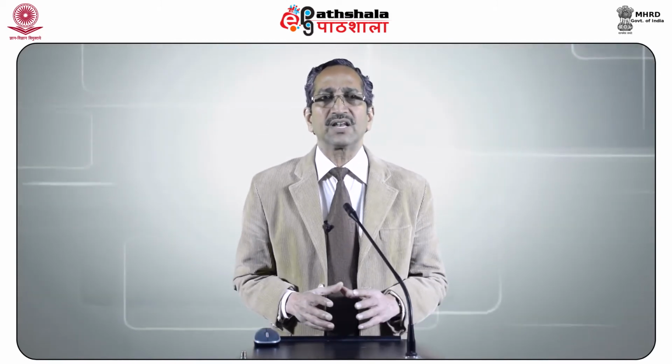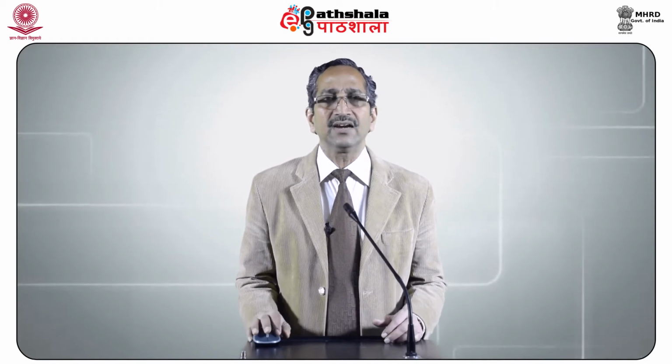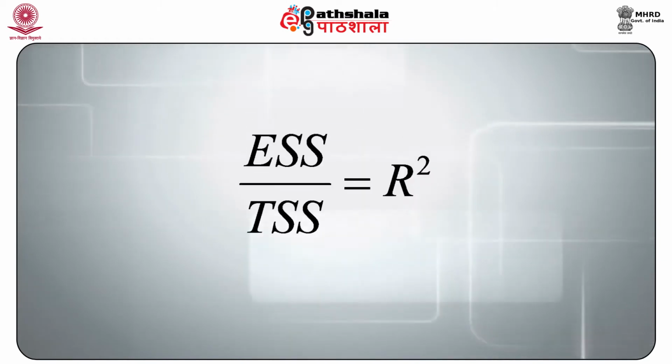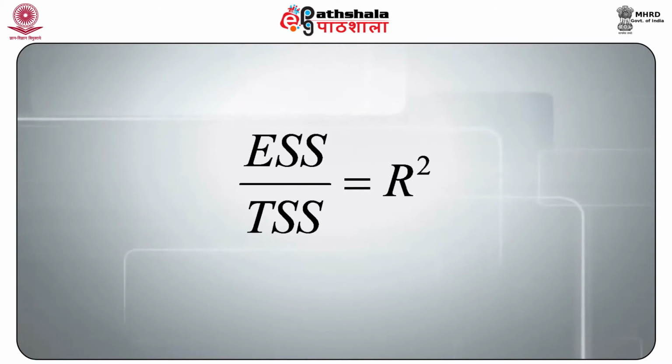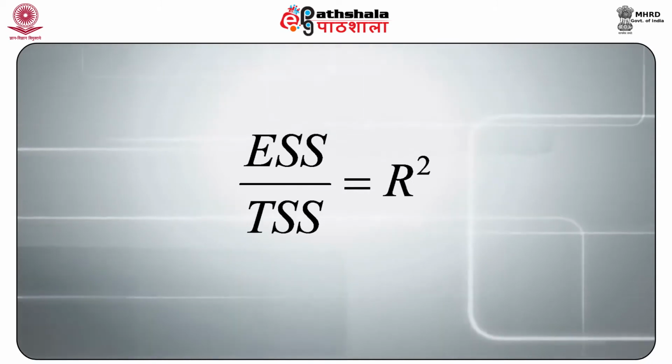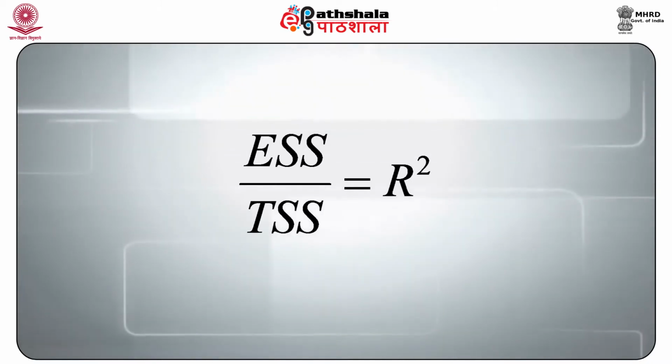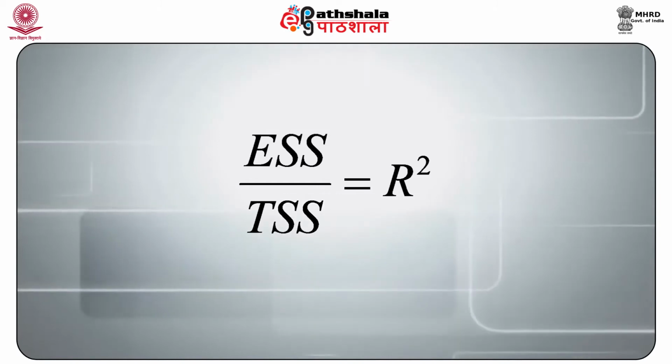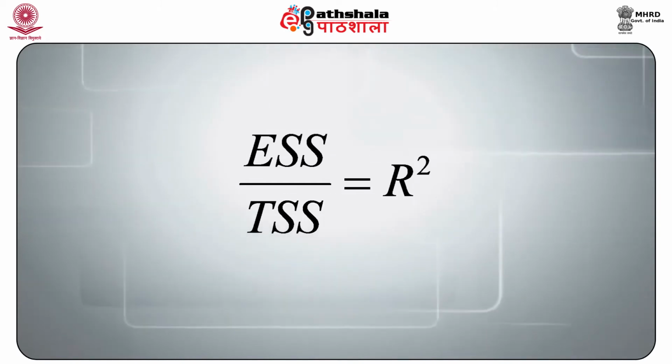In this equation 9, the first term on the right hand side, the explained sum of the squares upon the total sum of the squares, is defined to be equal to r square, which is the coefficient of determination as defined by the equation above.